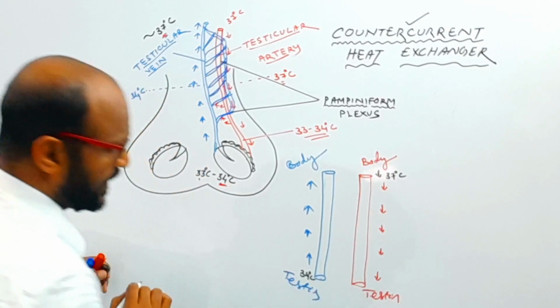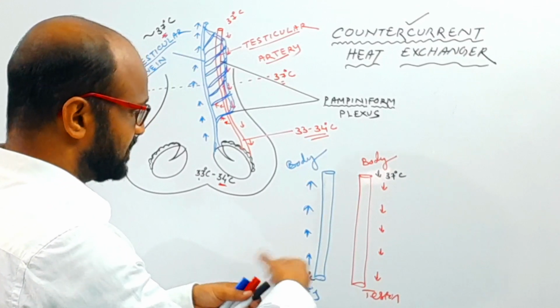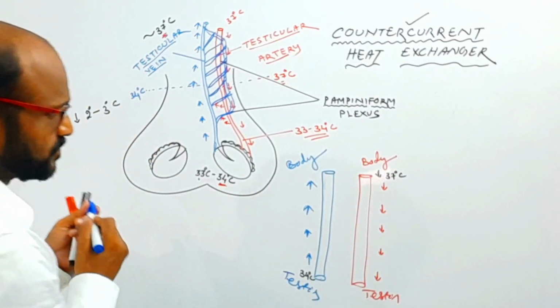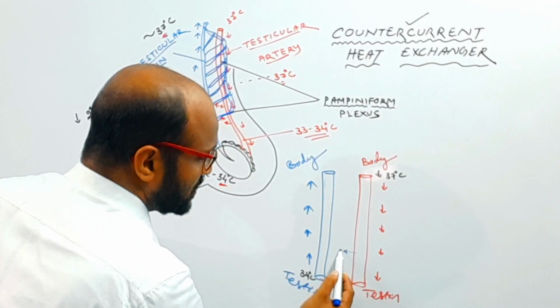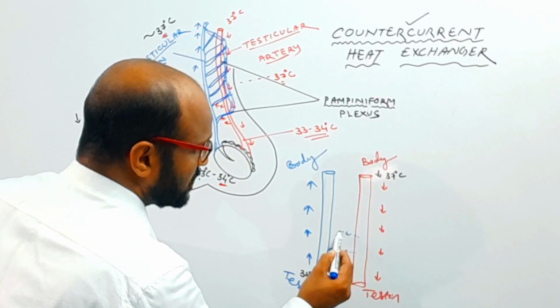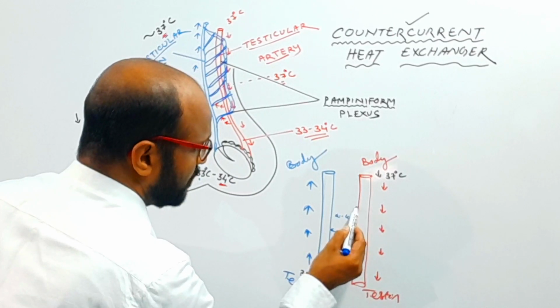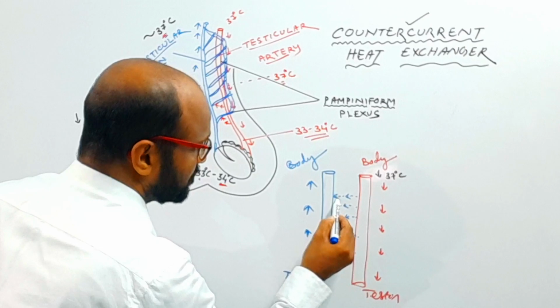At the time of flowing inside the two parallel tubes, the heat is lost by the testicular artery and absorbed by the testicular vein.